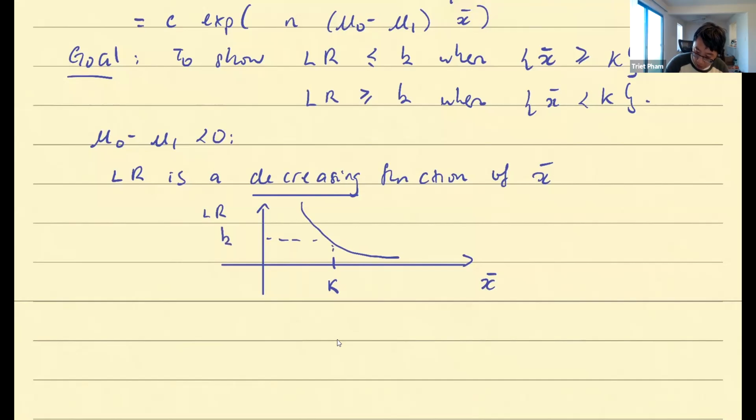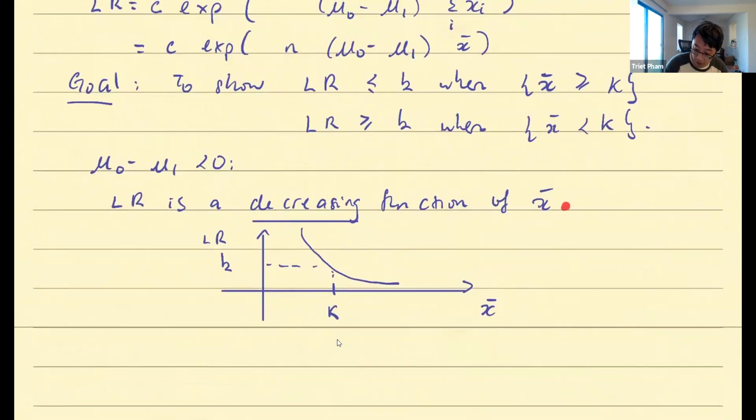You see that when x bar is bigger than big K, my likelihood function is less than small k. And when x bar is less than K, my likelihood function is bigger than small k. So this is just a picture to give you visual help. But the point is, this and this actually say the same thing. And we're done.